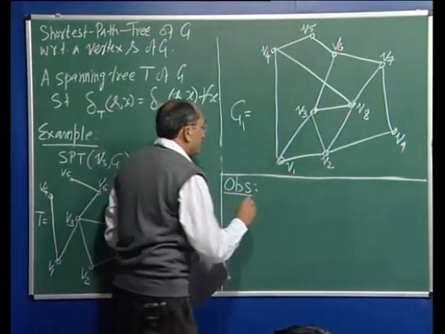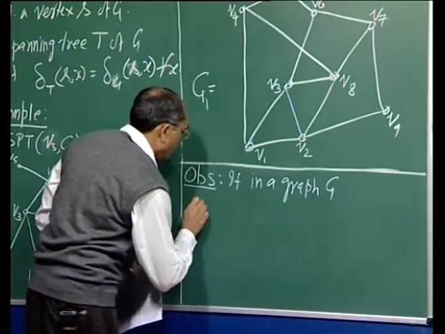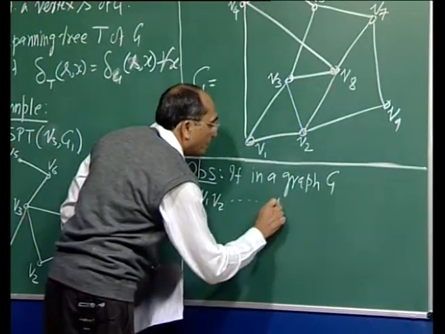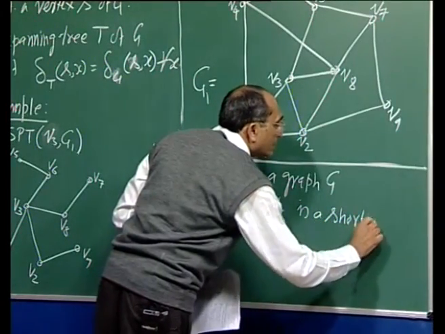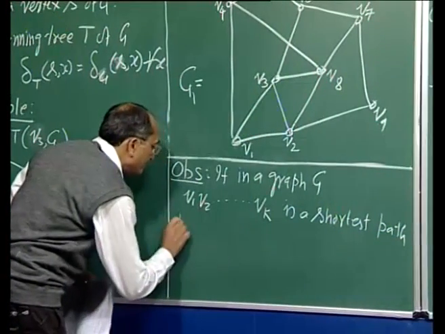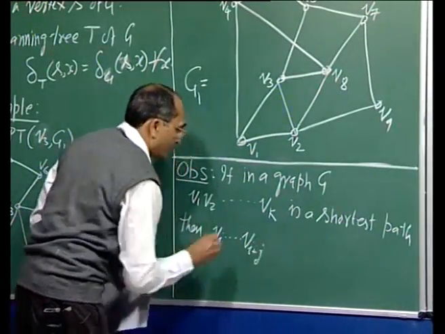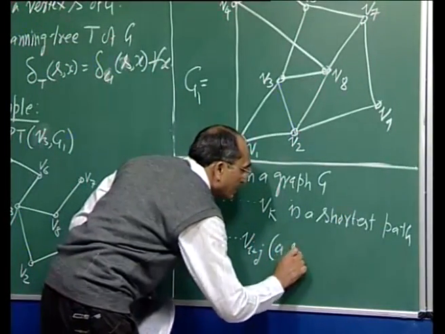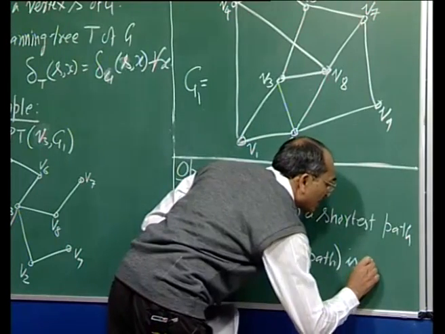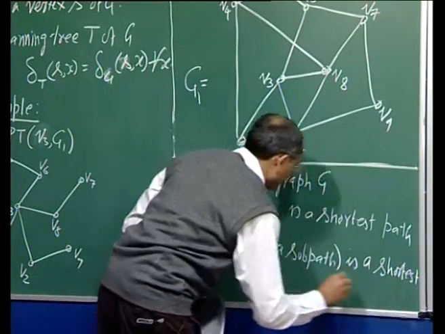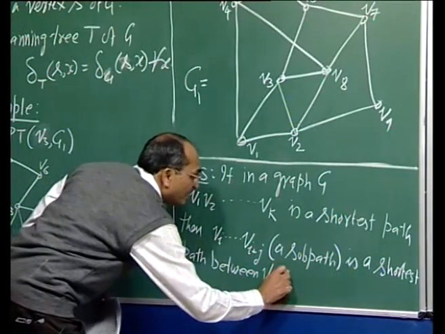If in a graph G, V1, V2, ..., Vk is a shortest path, then Vi to Vi plus j, a subpath, is a shortest path between Vi and Vi plus j.